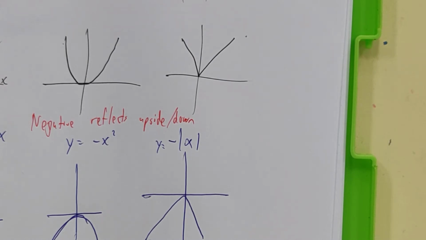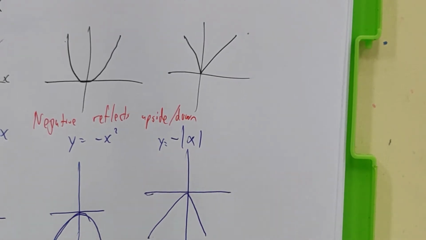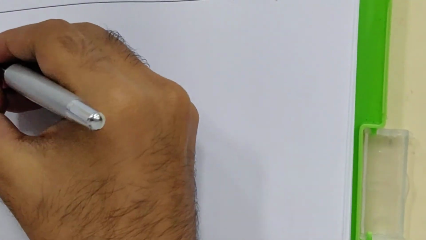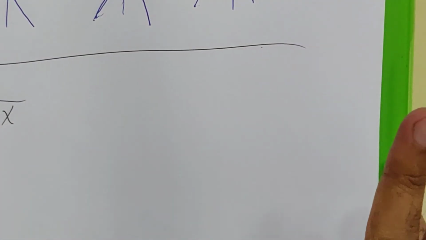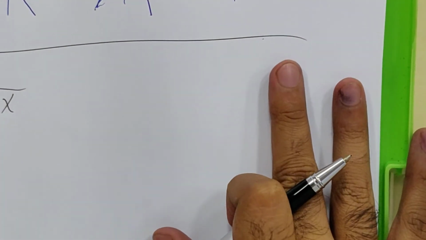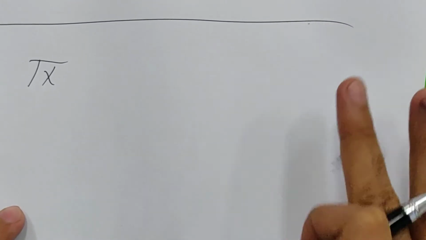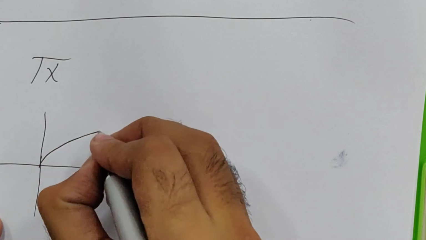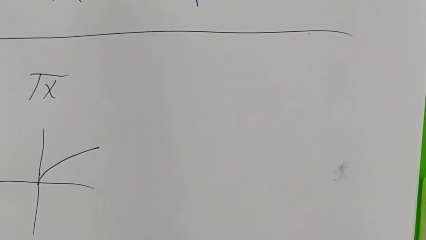Now, what about if we got ourselves something more difficult? Let's try square root. How does the graph look like? The normal one will be something like this.